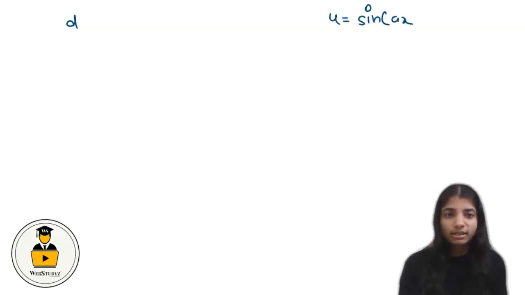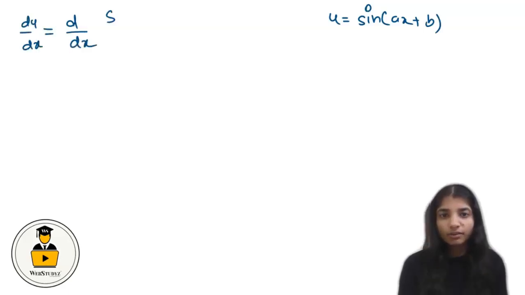Firstly, we are going to find the differentiation of the numerator. Let the numerator be represented by u, that is u = sin(ax + b). So du/dx is equal to d/dx of sin(ax + b).